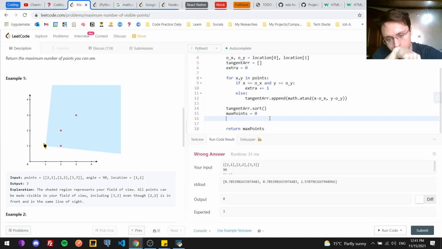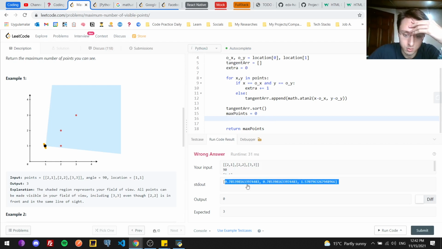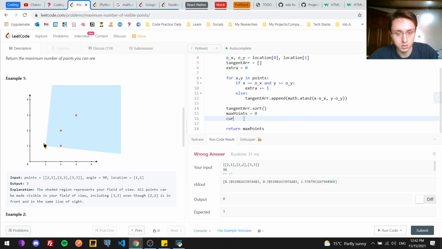So my current will always start with the current. So I get this, and then I'll go until I have 1 and 1.78. So my current limit is equal to 0.